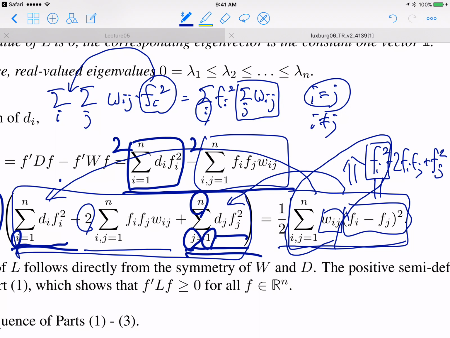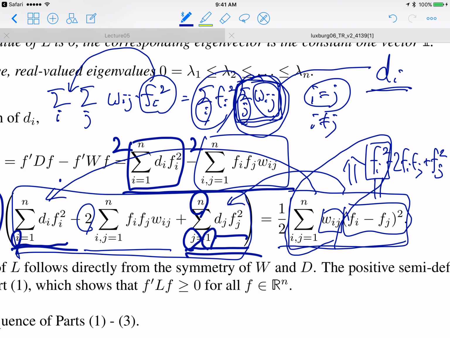For fixed i, we iterate over all j and add all wij, and that is the degree, or the total sum of wij for a particular i, right? So this becomes di, and so we obtain di times fi squared. That will become this part.